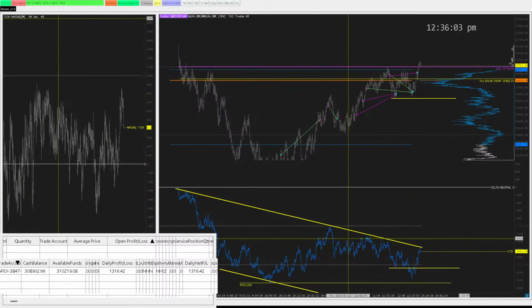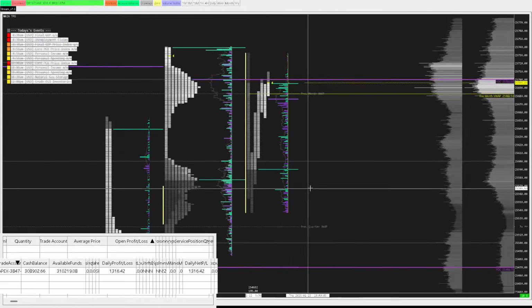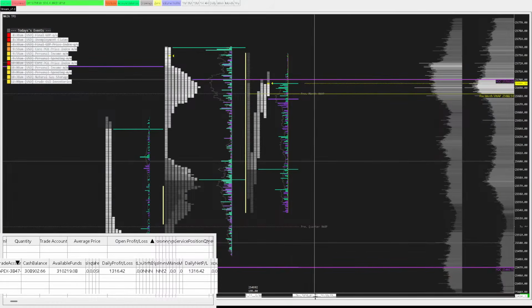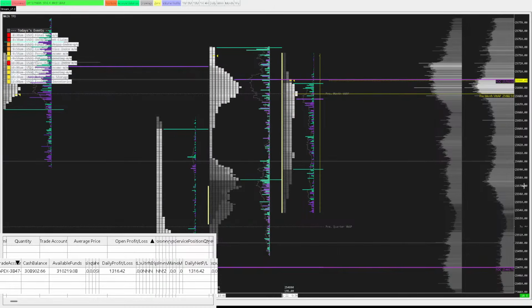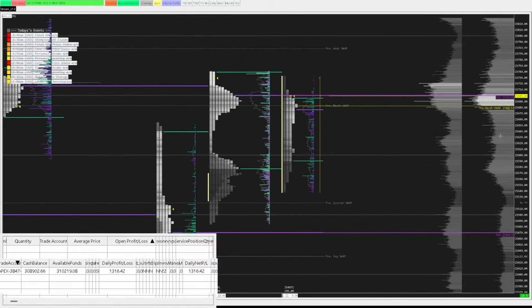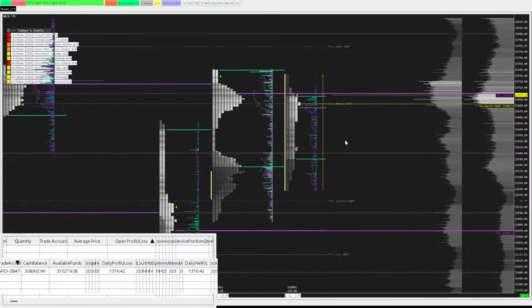Well, let's pull up TPO. If you already understand profile in general, then the transition is not going to be difficult, right? You know what a high volume node is, you know what a low volume node is, you know what a point of control is, you know what value area is. All of that translates over into the TPO.